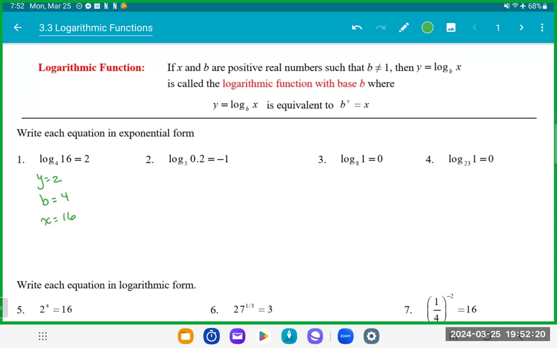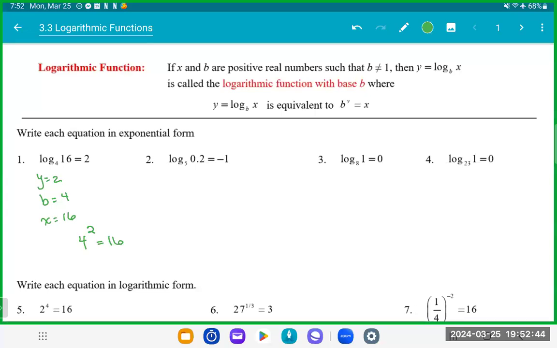To change this into exponent form, b raised to the y is equal to x. And that's true: 4 squared is equal to 16.